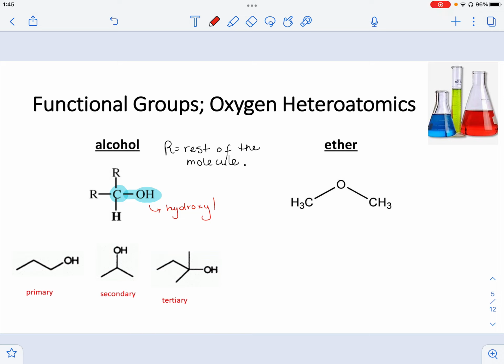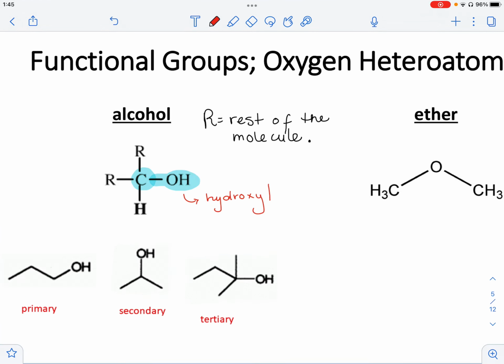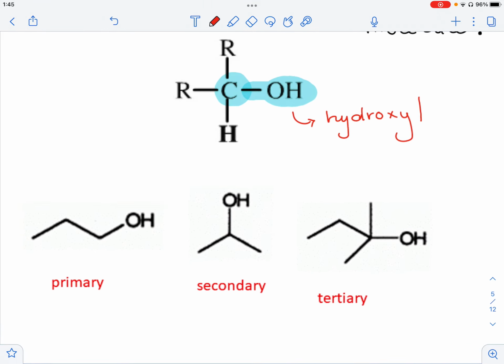that is holding the OH. So if I take a closer look at the molecules here, because we have skeletal structures, the carbon atom that is holding the OH is bonded to two hydrogens.